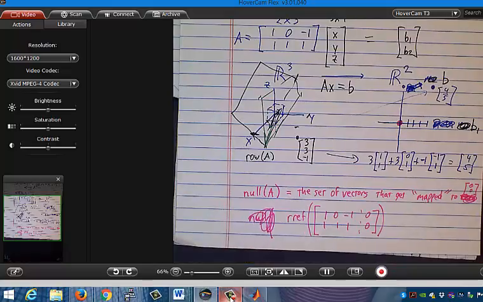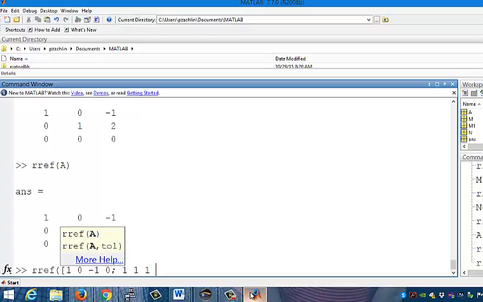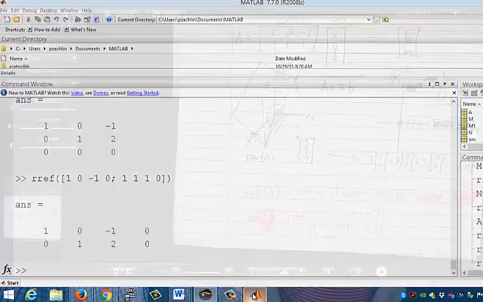And when we reduce, I get this. 1, 0, -1, 0, and 0, 1, 2, 0.